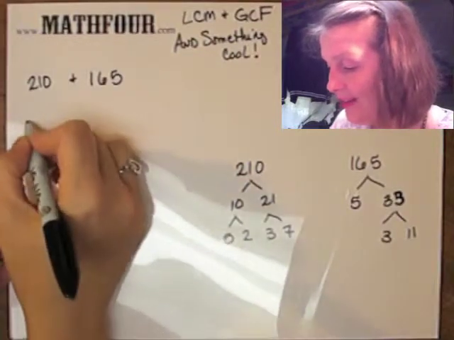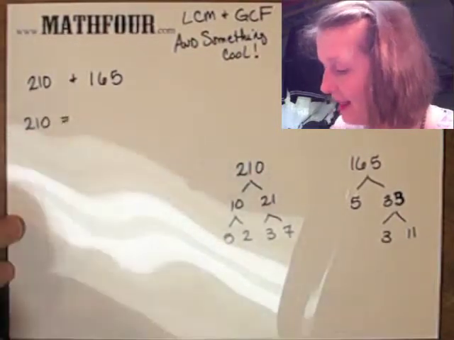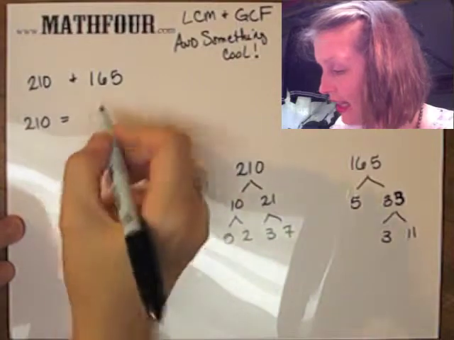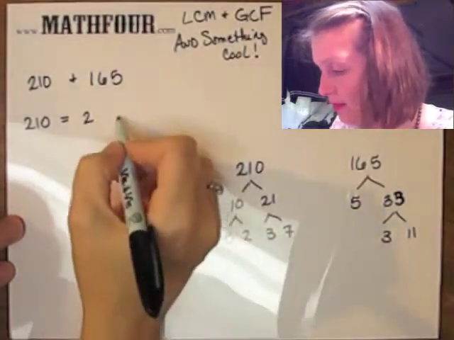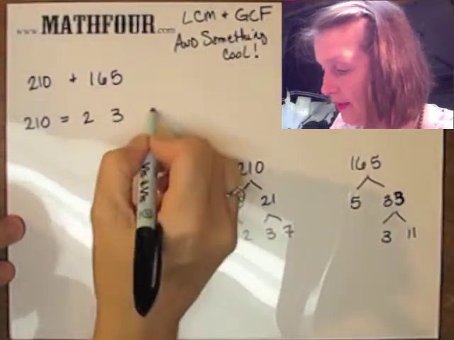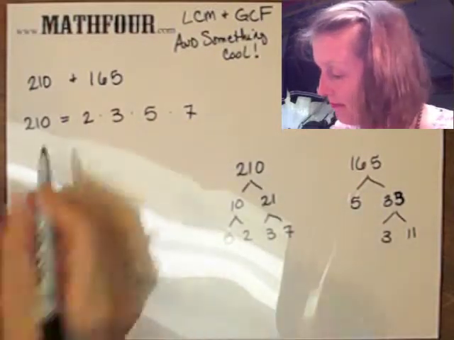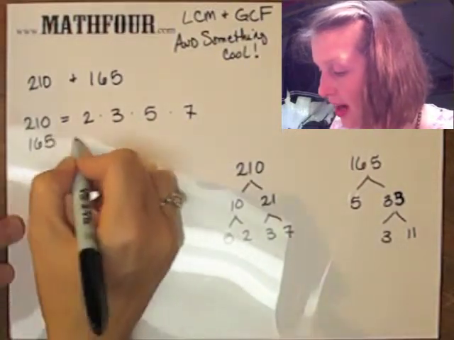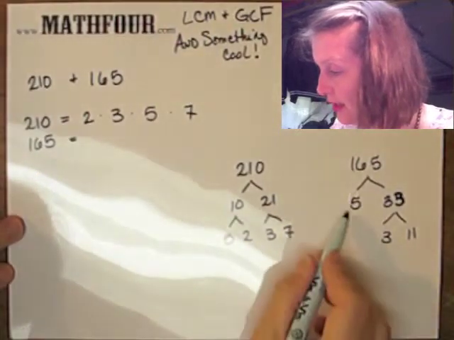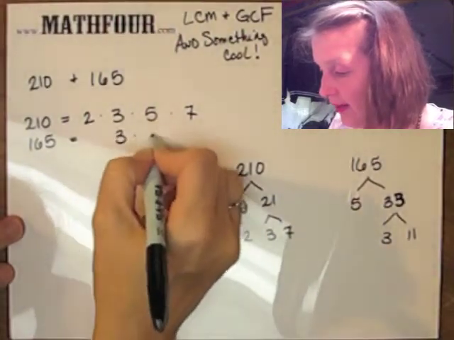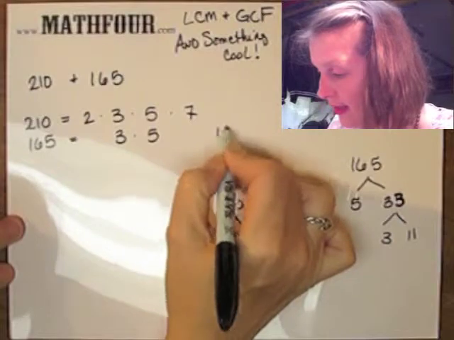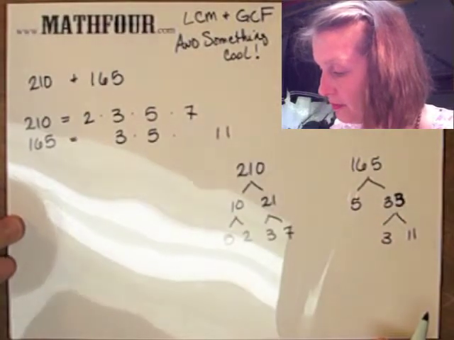So we have 210, and I like to line everybody up. So I have 2, 3, 5, and 7, and those are all multiplied. And then 165 is 3 and 5, and then there's an 11 that I need to hang out here.